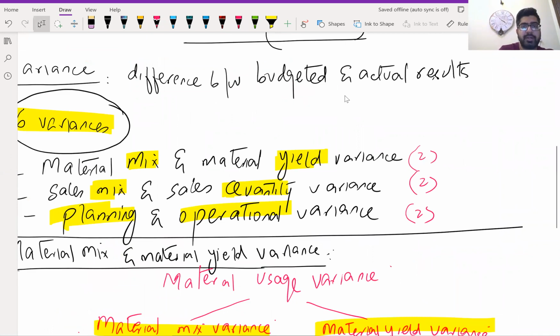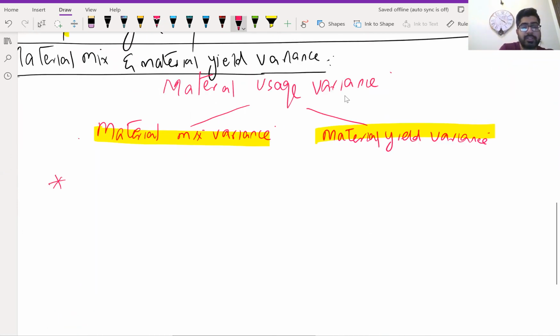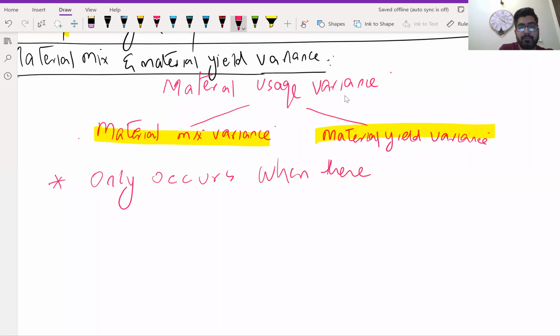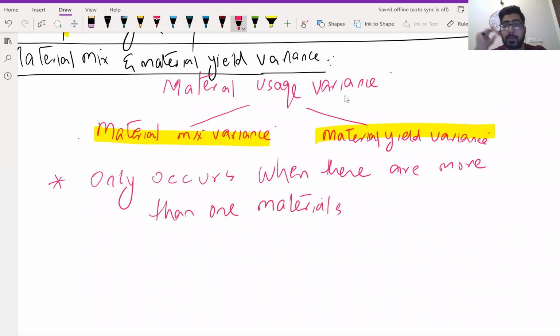First, material usage variance is broken into two parts, mix and yield. And second, these variances only occur when there is more than one material in the product you are making. You cannot say mix is a single thing. When you are making a product having more than one material, then the term mix arises.